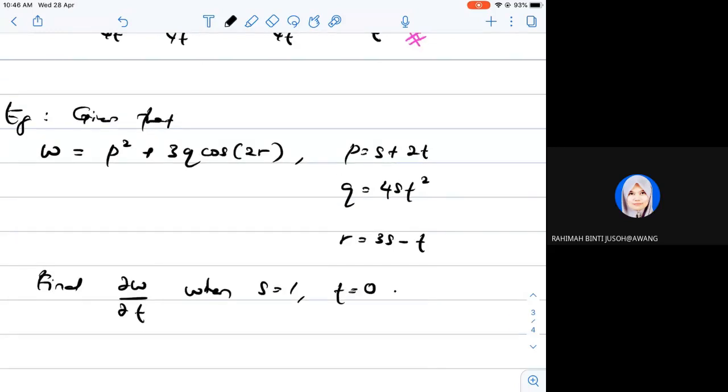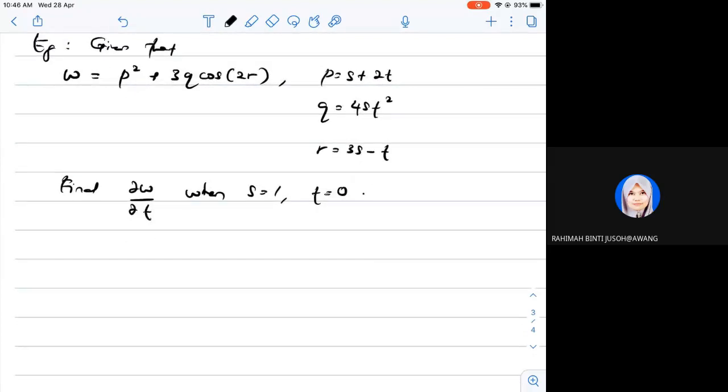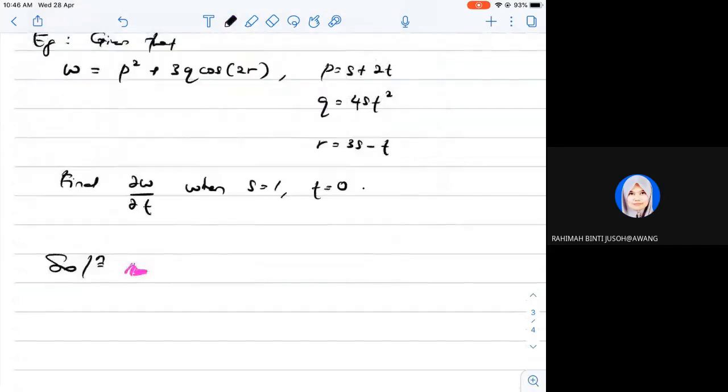Macam tu. Okay. Now, tengok ni soalan ni dia lain sikit. Saya ubah soalan, saya just make this question for you so that kita boleh apply chain rule ni pada variable yang berbeza yang you jarang nampak, PQR dengan ST ni. Okay, first of all, what is our main subject in this question? Apa main subject kita?